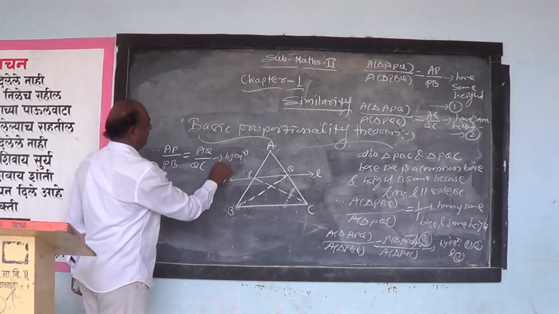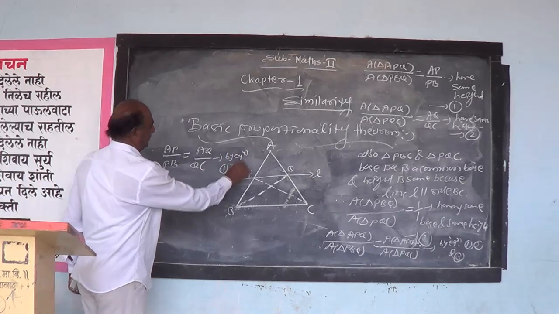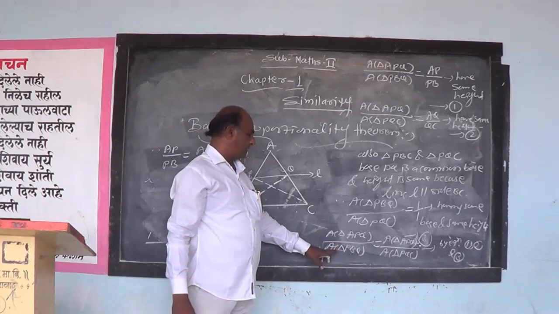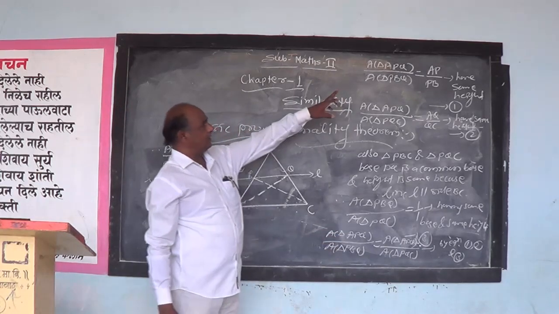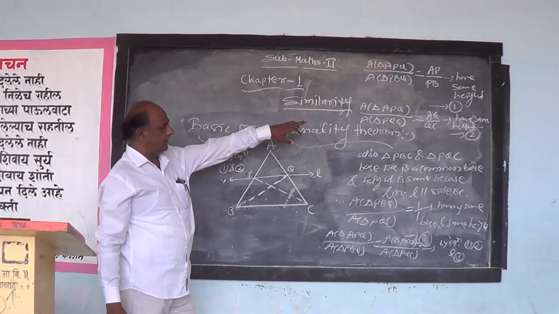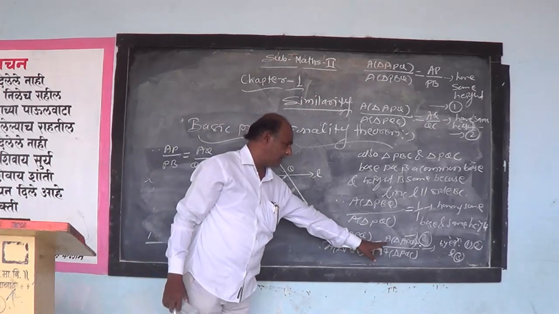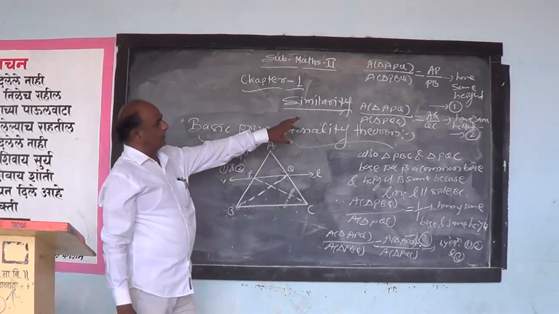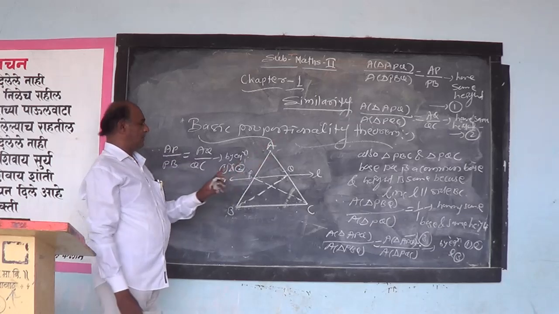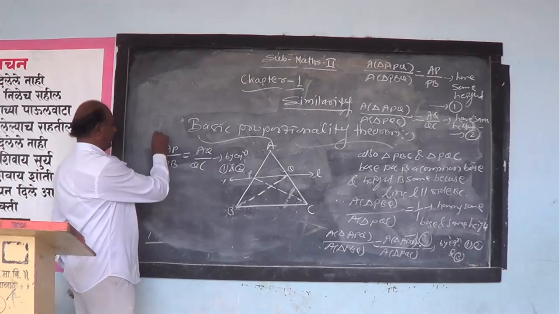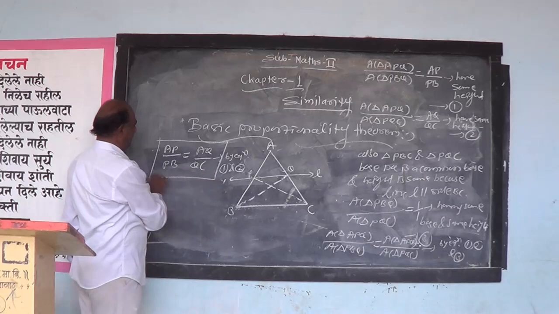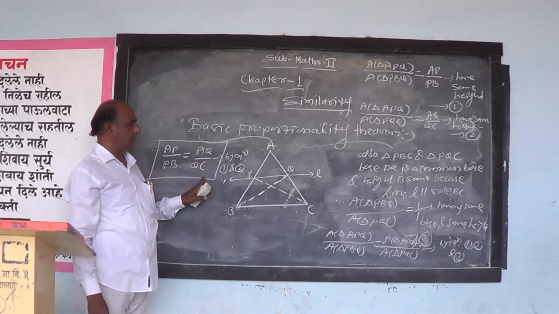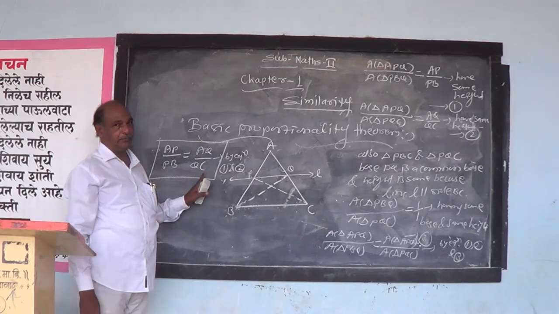By equations first and second, we put the value of area of triangle APQ upon area of triangle PBQ as AP upon PB by equation first, and the value of area of triangle APQ upon area of triangle PQC as AQ upon QC by equation second, and then lastly we get AP upon PB is equal to AQ upon QC, and this is true.